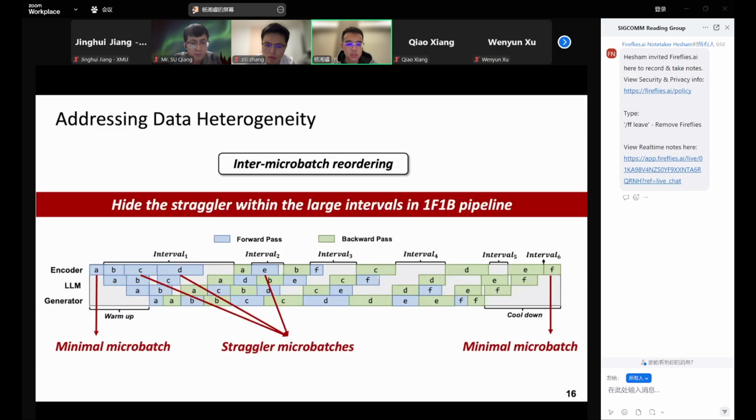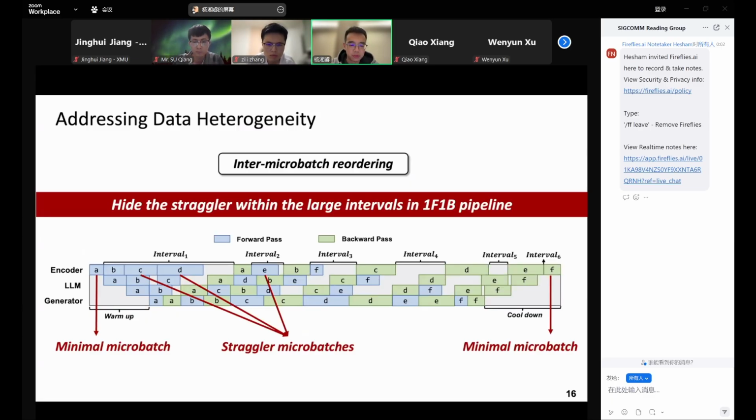To tackle the inter-microbatch straggler issue within the pipeline, DistTrain introduced another scheduling strategy called inter-microbatch reordering. As the diagram illustrates, a pipeline has a warm-up phase, a steady phase, and a cooldown phase. The reordering algorithm schedules the minimal micro batches, the fastest ones to compute, at the very beginning and the end of a batch.